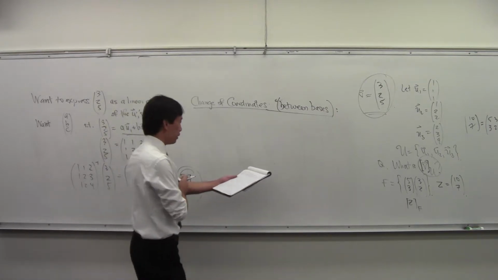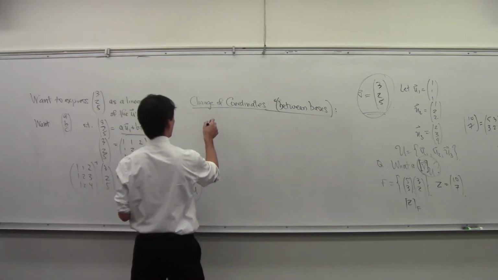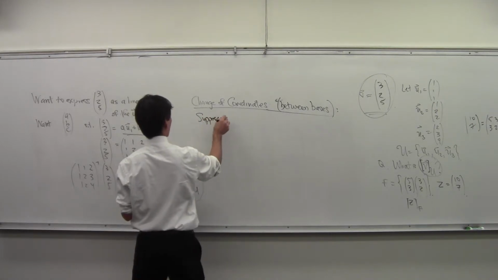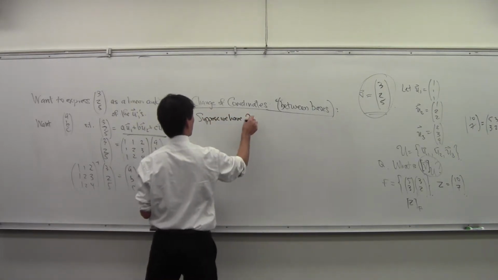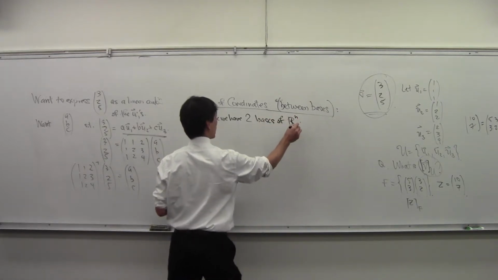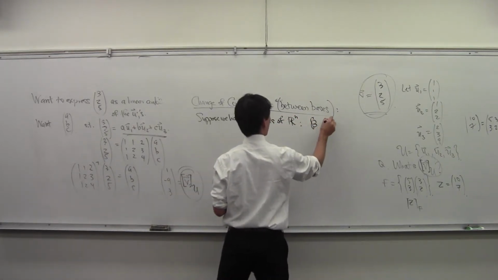Suppose we have 2 bases of Rn. One is called B, and the other is called U.